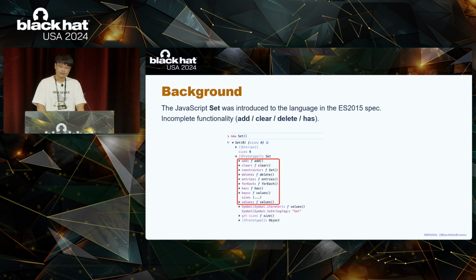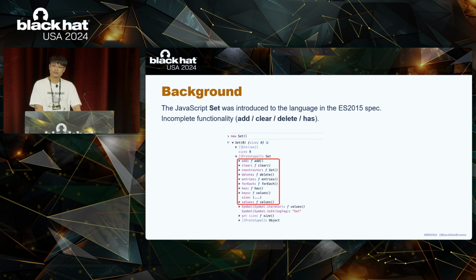Before diving deeper into the root cause of the vulnerability, let's first have a brief understanding of the background knowledge. In 2015, a new data structure, Set, was introduced into JavaScript to make it easier for developers to code.